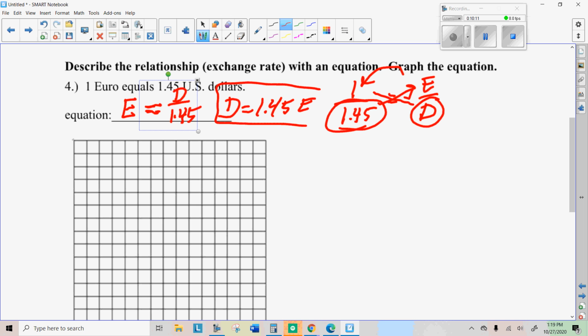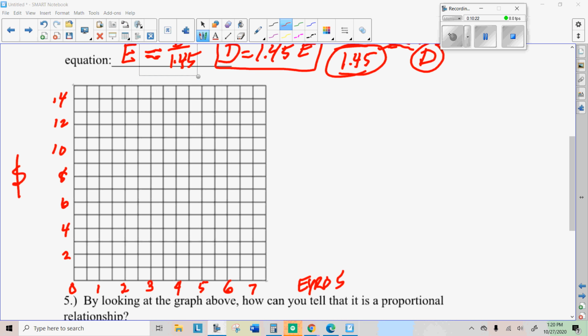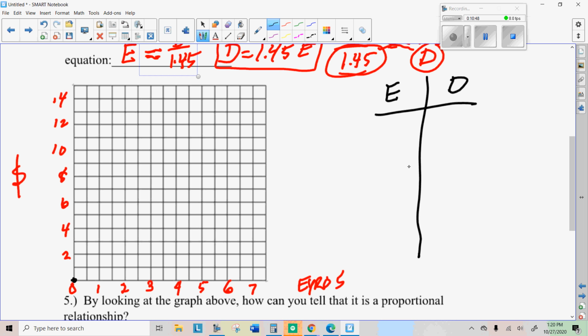Now I'm going to graph this one because it looks a little more familiar to us. So we need to come up with a scale. Here's the scale I came up with. I thought that we should skip every other one on the bottom just because euros are worth a little more than a dollar. 0 euros is $0. Let's make a little table here, with D and E, dollars and euros.